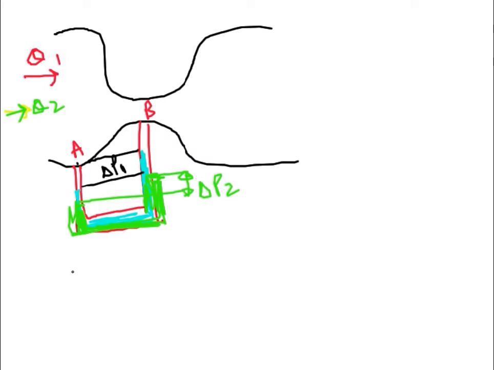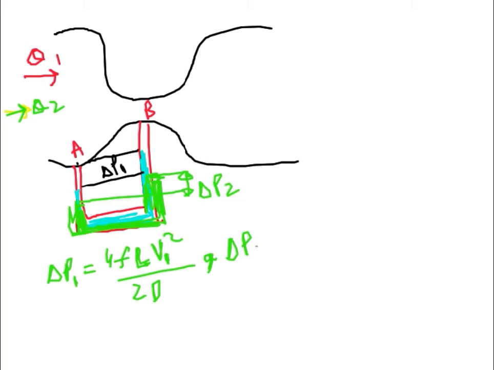So we know that from the Hagen-Poiseuille equation, delta P is equal to 4FLV square upon 2D. So for the first case the velocity is V1 and the pressure drop is delta P1, and for the second scenario delta P2 is the pressure drop and velocity will be V2, so 4FLV2 square upon 2D.